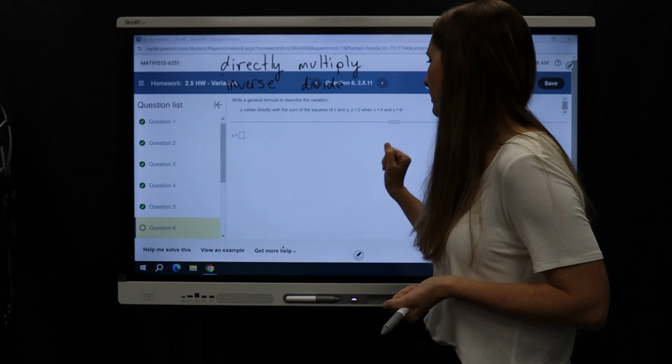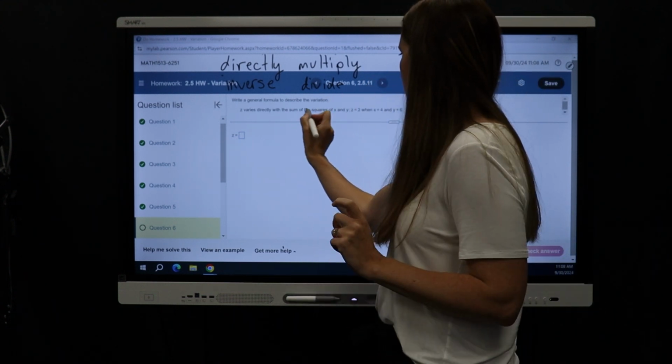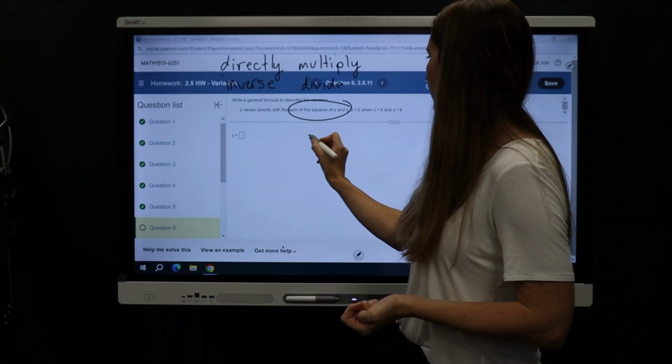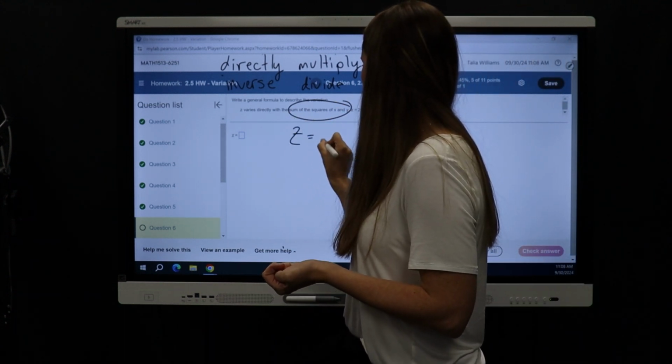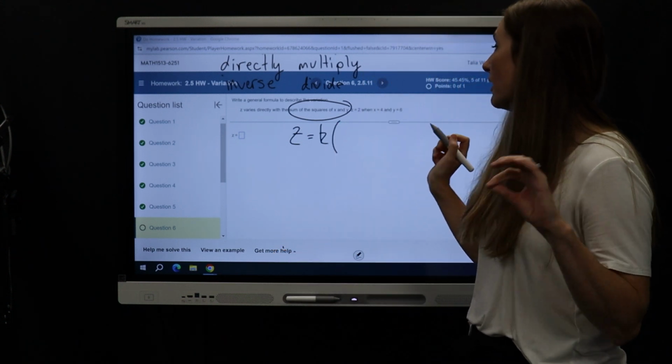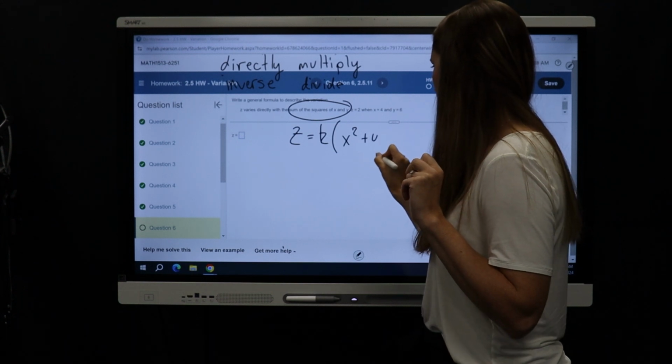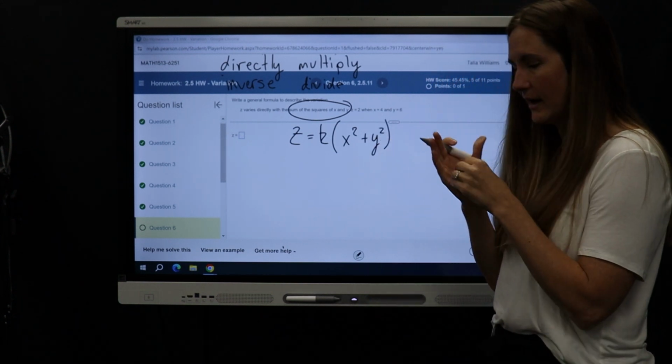I think this one's probably the most confusing just because of the sum of the squares of x and y. Z varies directly, direct multiplication, with the sum of the squares of x and y. So x is squared, y is squared, and they're added together.